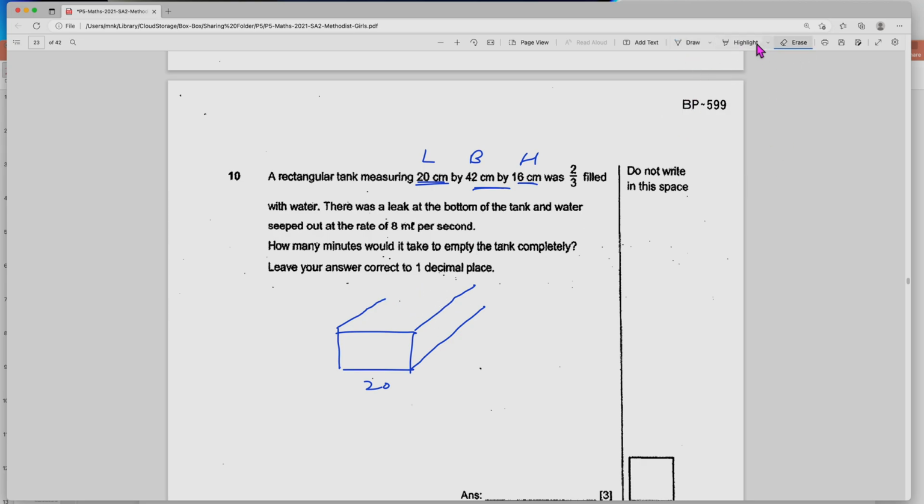We just change the question accordingly. So this will be 42, this will be 16. In a way, what's the volume of this tank?